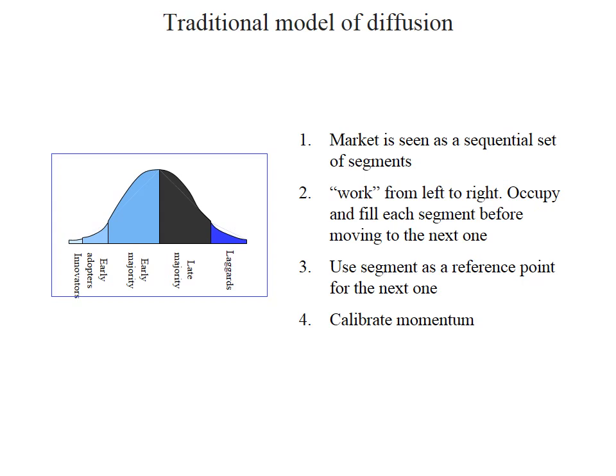Okay, but in the linear model, it is assumed that the success obtained in a previous segment is enough to move the innovation in the next segment. So having occupied, let's say, the innovators segment, penetration can start in the early adopters.